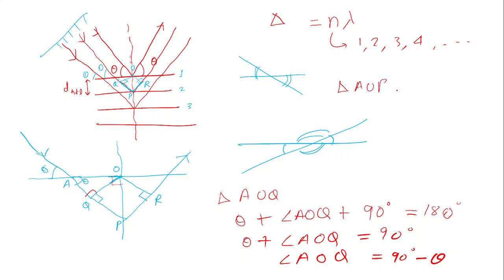In triangle AOP, angle AOP is 90 degree, one is theta. So angle QOP will be what?